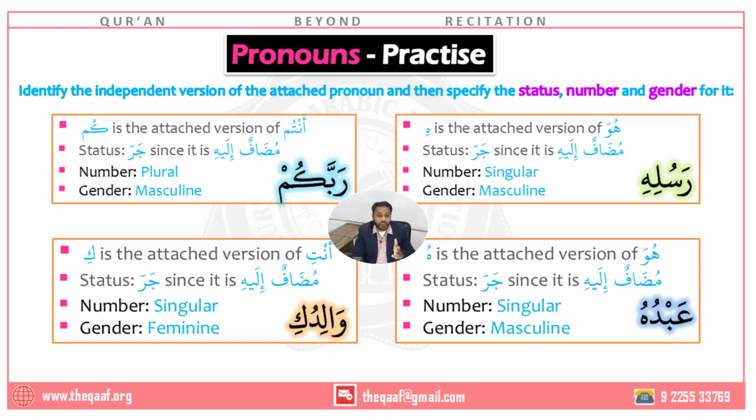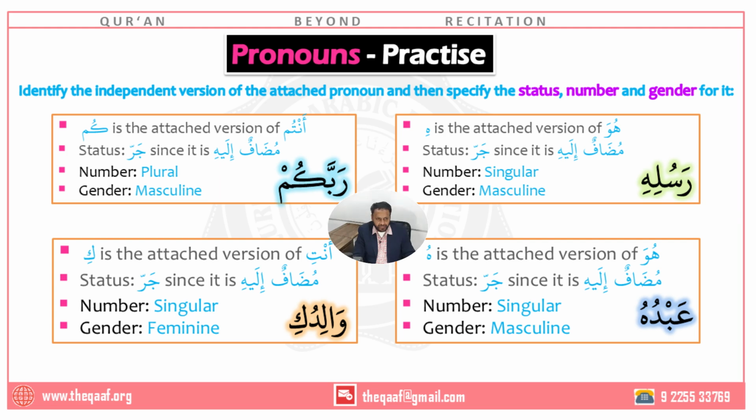Yes, it is jar because Rasul is an ism. It has to be jar. What's the number? Singular. What about the gender? Masculine. It comes in the first row, so it is masculine. Okay? Rasulihi. This is how we do the status, number, gender.